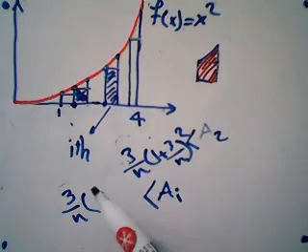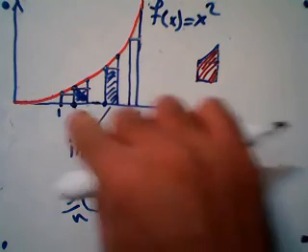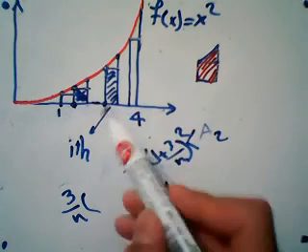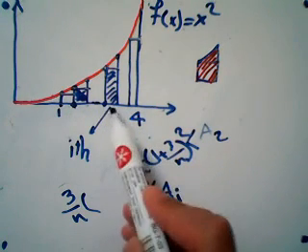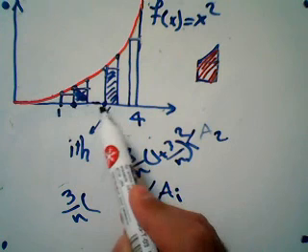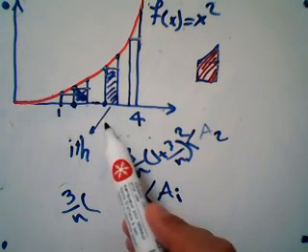And what is this point? This is the ith interval, which means that from here to here we got i minus 1 subintervals.